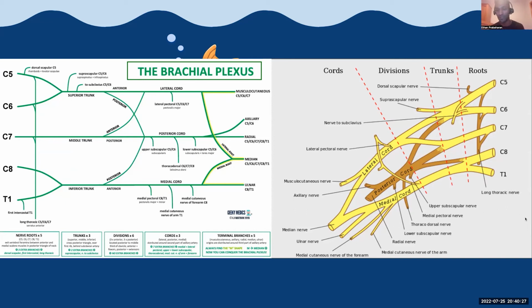I don't really think you need to know all the branches, all their roots, what part of the cords they come from. But I think it's worthwhile just having a look at all the nerves, because every nerve that comes off this brachial plexus will innervate a muscle that we've talked about today. For example, the long thoracic nerve, which has fibers from C5, C6, and C7, innervates serratus anterior.